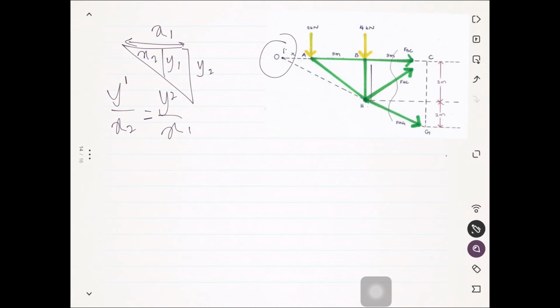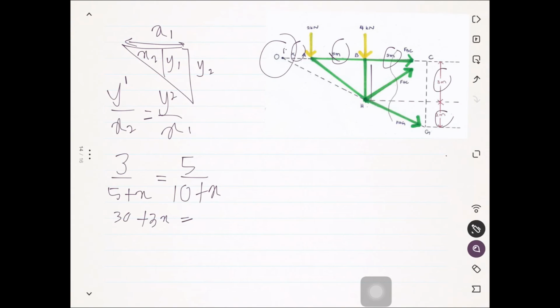Y1 here is 3, per X2, which is 5 plus X, equal to Y2, 3 plus 2, which is 5, per X1, which is 5 plus 5 plus X, meaning 10 plus X. We solve it: 30 plus 3X equal to 25 plus 5X.